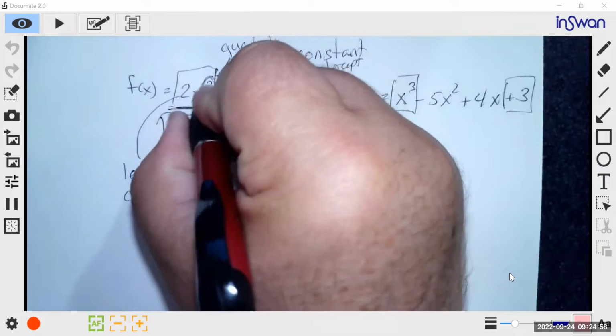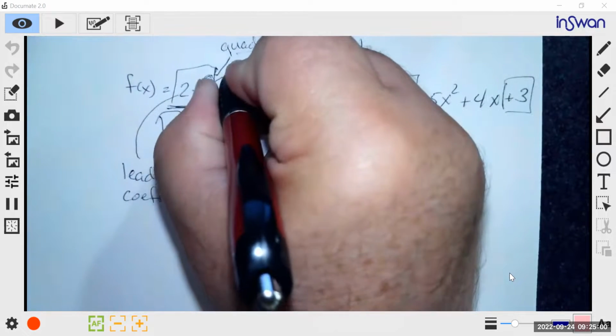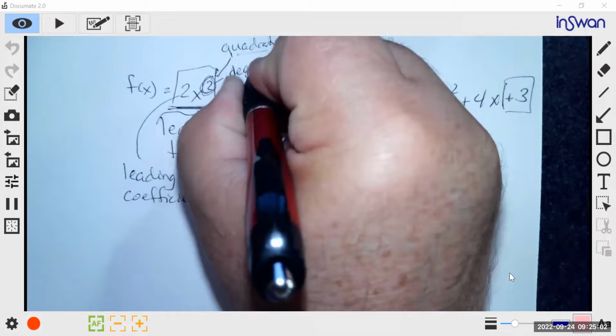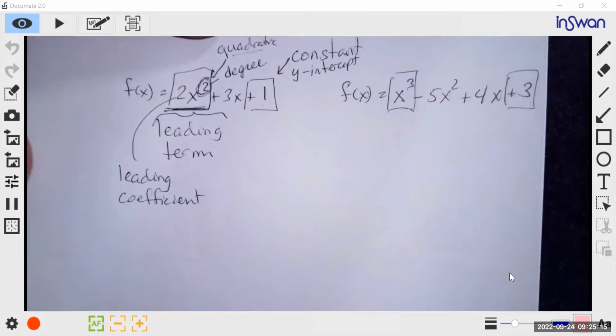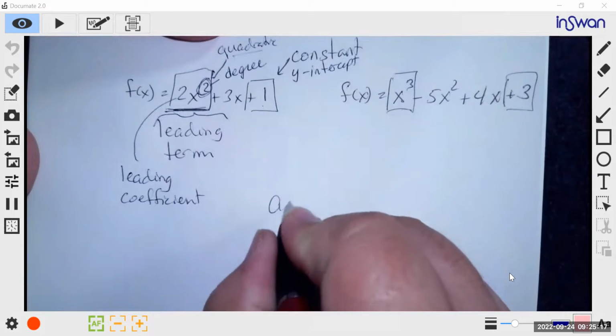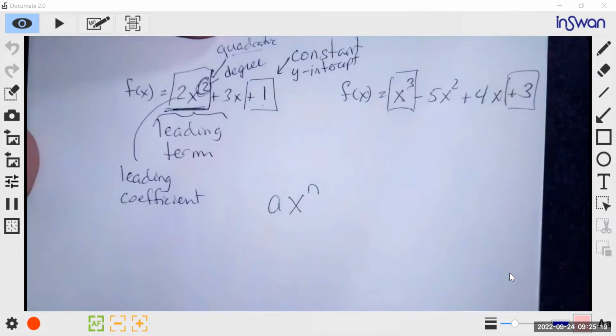The square, the power, tells us it's called a degree. So let's only look at the leading term.